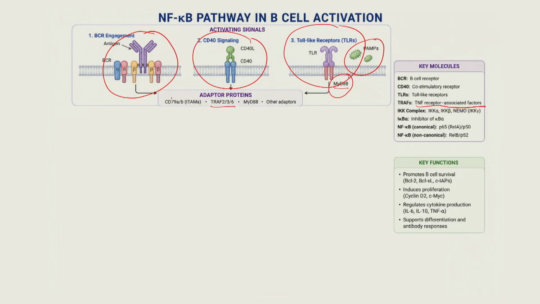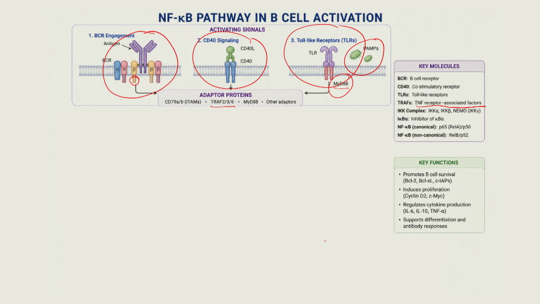And again we know that the cytoplasmic domain of these proteins in the B cell receptor is called ITAM, which will be phosphorylated by different kinds of kinases present in the cytoplasm. So after binding of any of these antigen specific complexes to the B cell receptor, by either CD40 signaling or toll-like receptor or any other protein, it can lead to an activation cascade which can lead to adapter proteins.